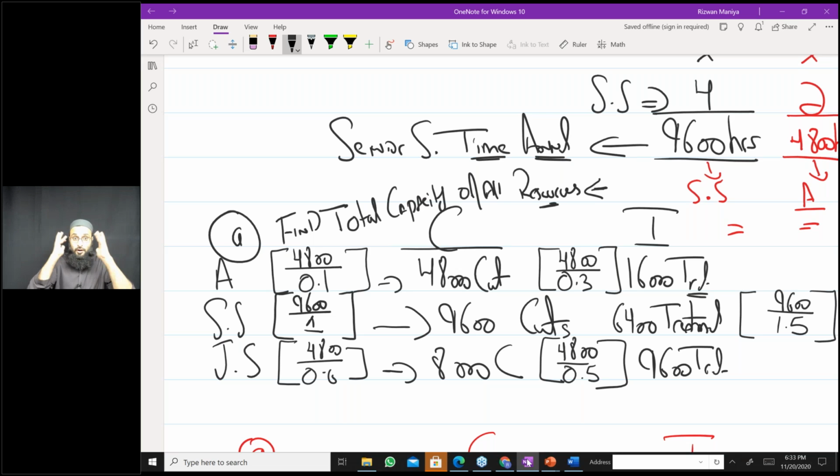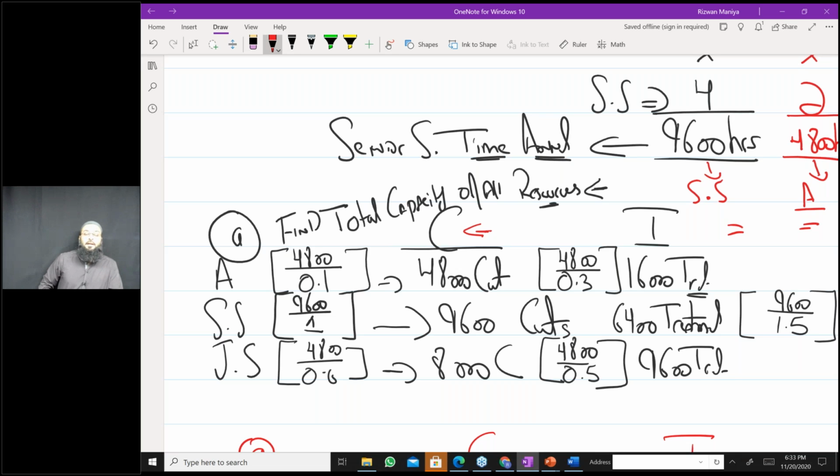Now understand the concept of throughput and bottleneck. Bottleneck is the limiting factor. So listen very carefully to what I'm saying. Let's focus first on cuts. 48,000 people came to the salon and the assistant washed their hair. Now just imagine 48,000 people are standing and waiting for the senior stylist to call them. Their hair is washed.